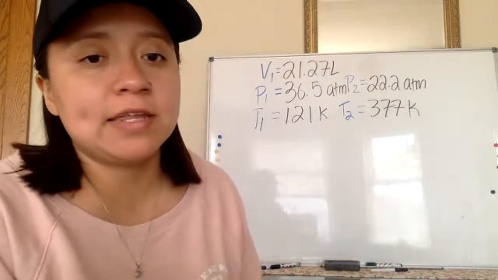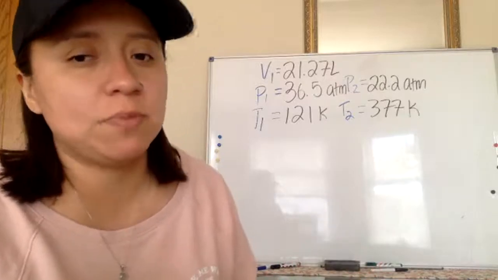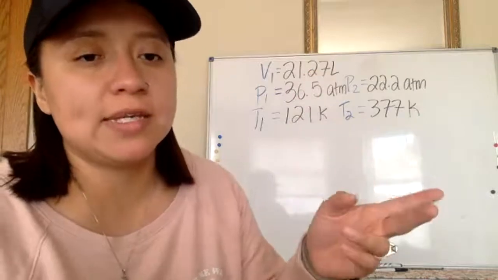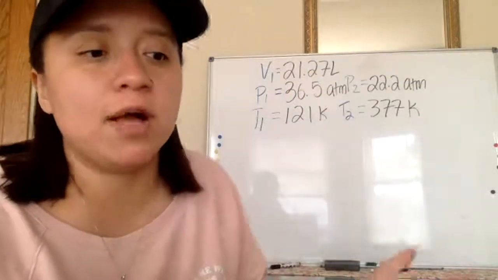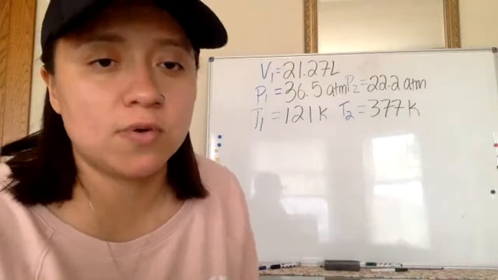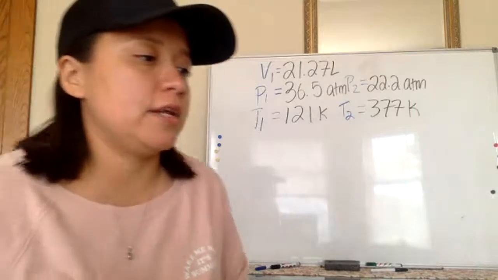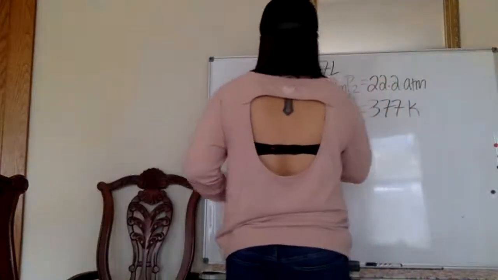So key thing, just like number 8, you need to make sure everything matches, and everything does match because both pressures, pressure 1, pressure 2 are in ATM. Temperature 1, temperature 2 are in Kelvin. Volume, obviously, we only have one volume, and it's in liters already, so that's perfect. So we're going to go ahead and get started on this one. It's volume times pressure divided by temperature.